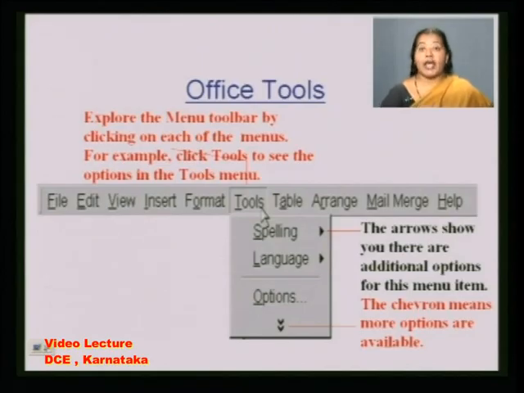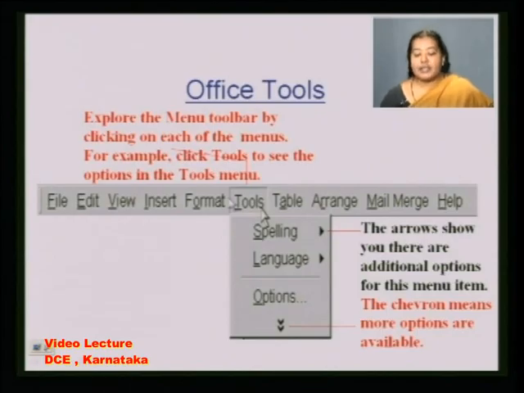What I showed you just now is Microsoft Office 2003 on the XP operating system. This 2003 is the version number given by Microsoft. So this is Office 2003 and that is why you saw some different options. If you hold the cursor here, more options will automatically appear on the screen.